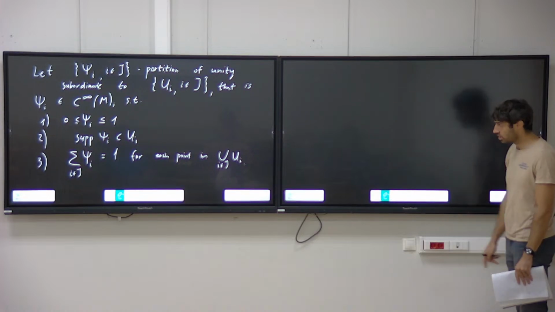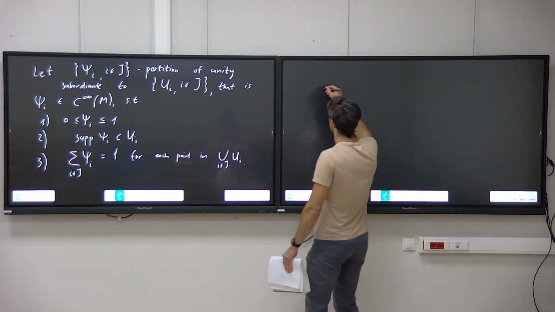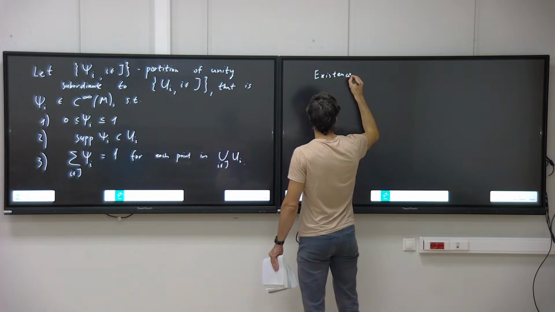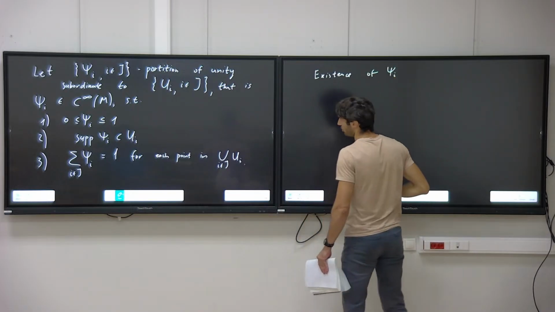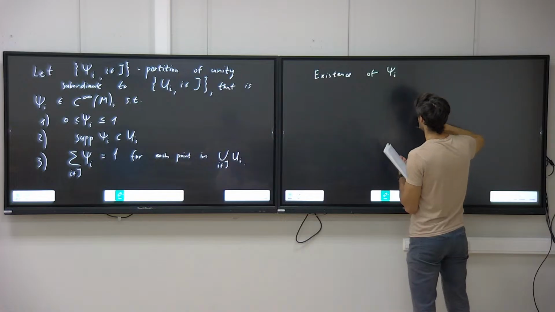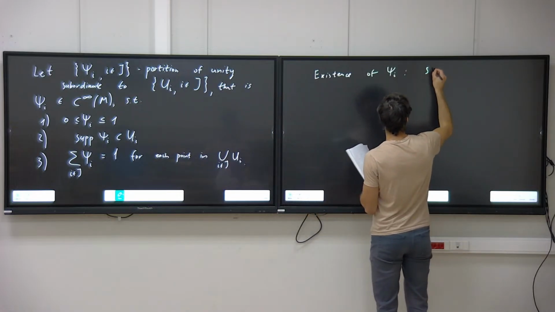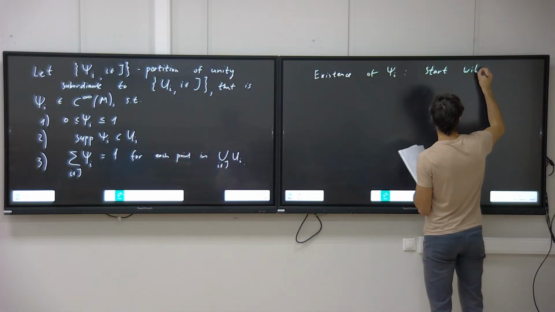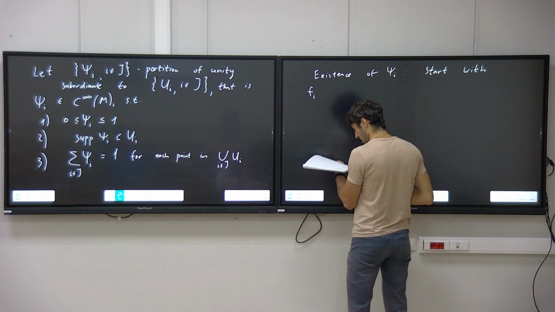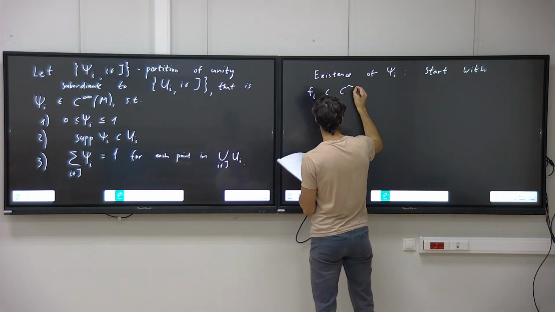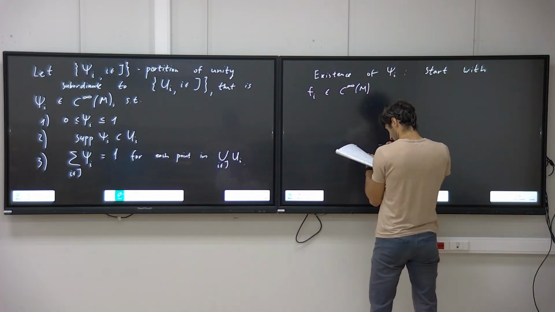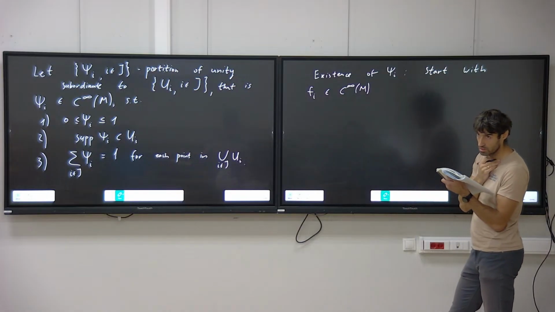So, existence of psi I. First I just need to fix some f I's, so start with f I's from C infinity of M. Are we still living in the support of omega?